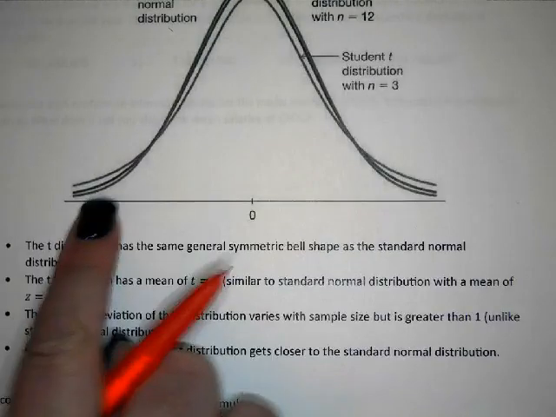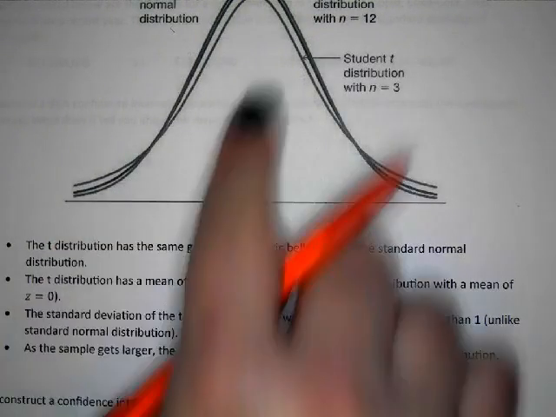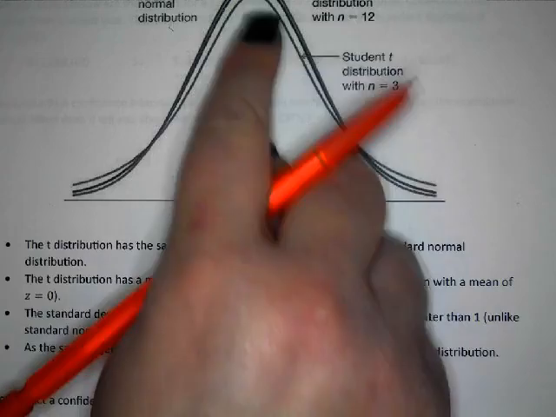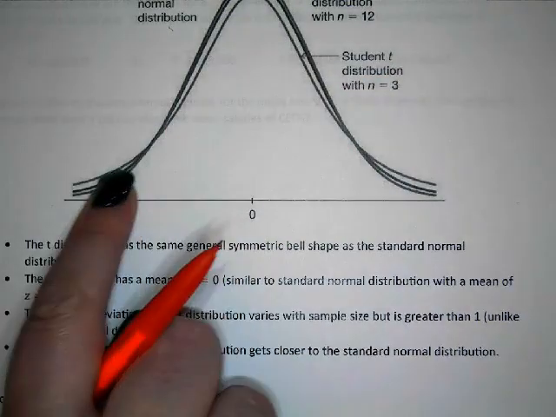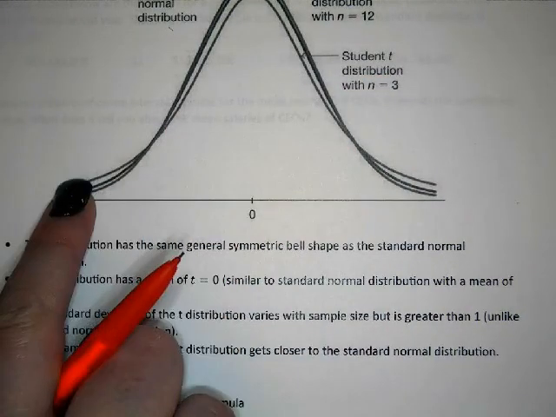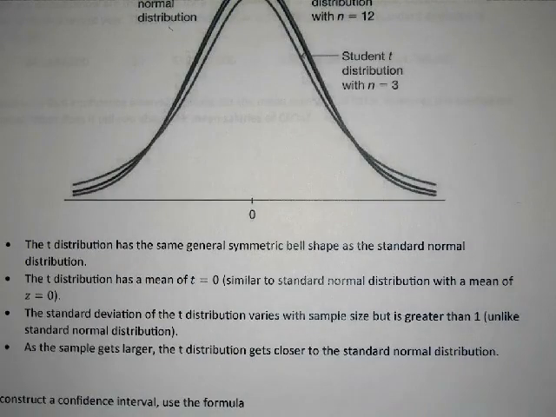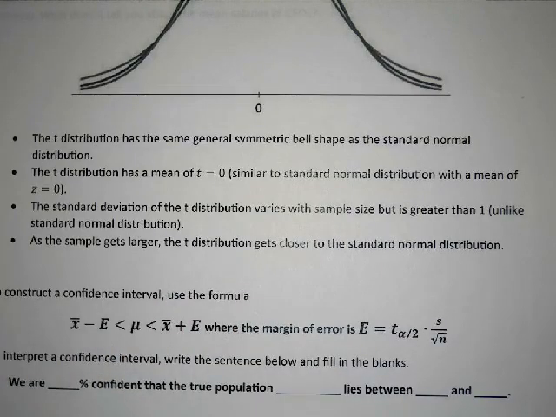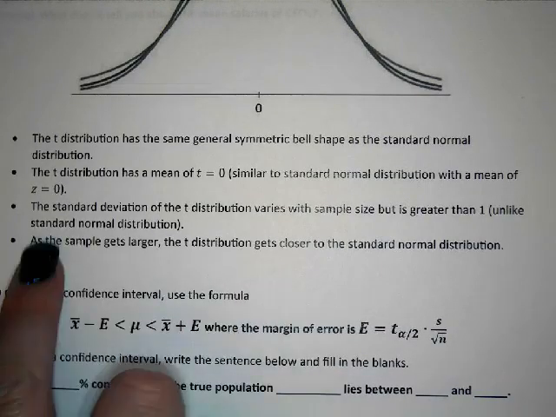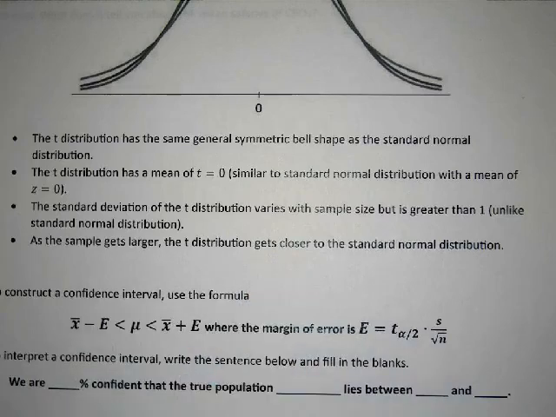So when the sample size is smaller, n equals 3, this graph is going to be a little bit wider, and then the greater those sample sizes become, the closer and closer they represent a standard normal distribution, which is that last bullet point there.